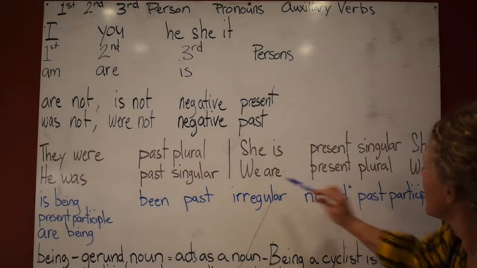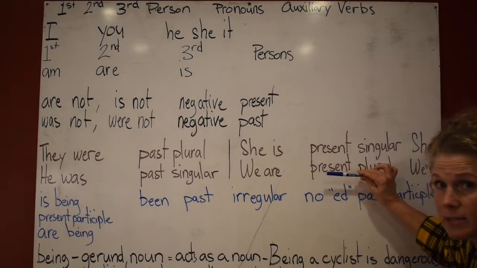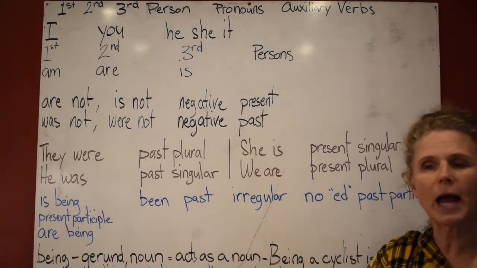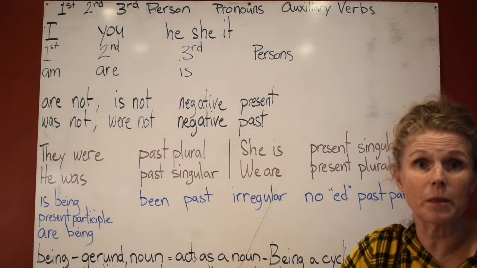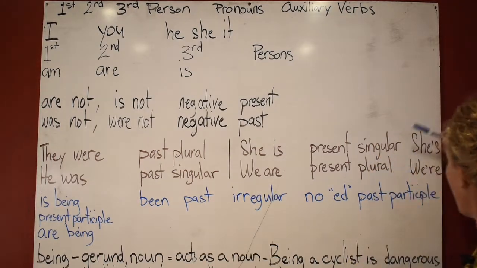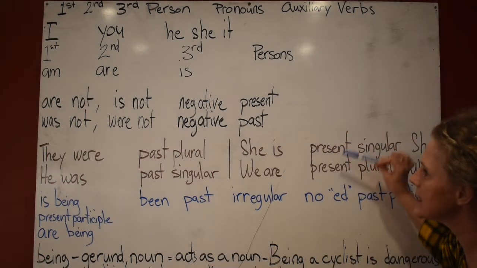Now, look where it's sitting at, you guys. It's sitting in the present. Do you remember how lots of things change when we conjugate a verb in the present? How I've drilled that in. It's in the present. That's what happens right here when we're doing our subject and our verbs. They're sitting in the present.